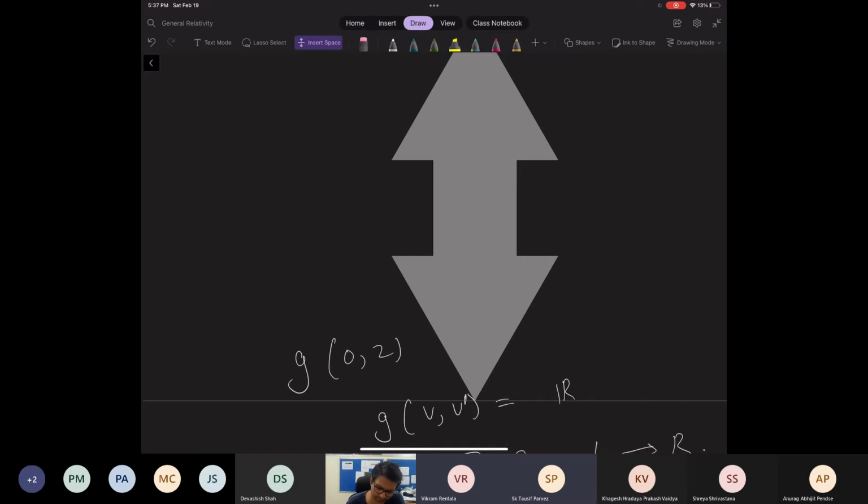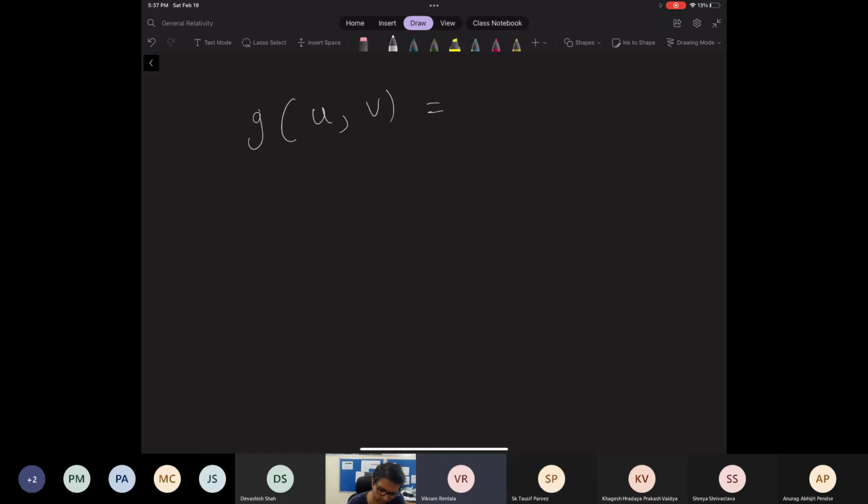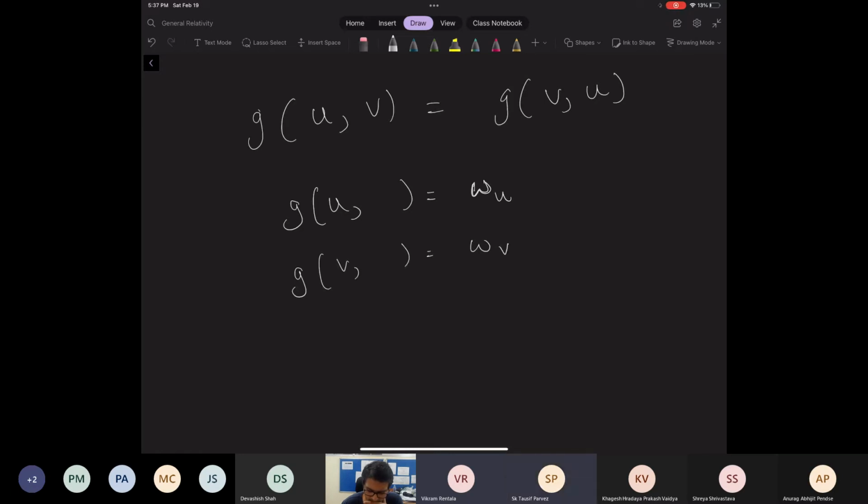G acting on U, V is equal to G acting on V, U. And now I've written G acting on U with one slot open as W_U, and similarly for V, W_V. Now before that, W_U acting on V is equal to W_V acting on U from the symmetry property.